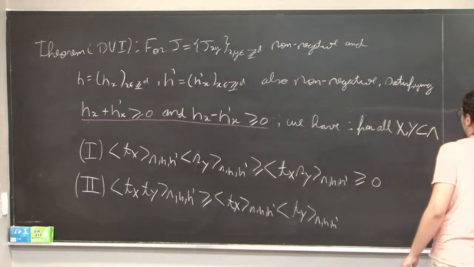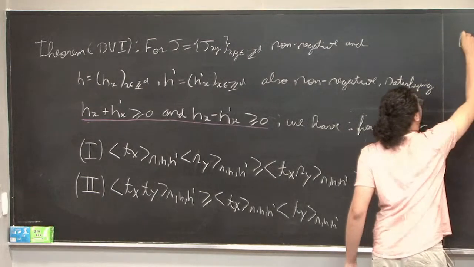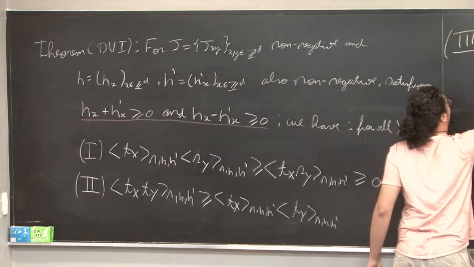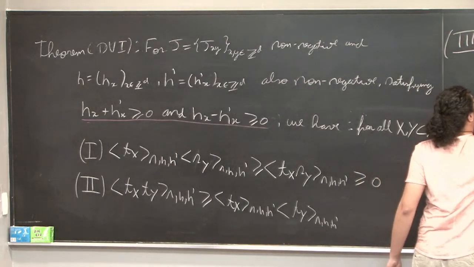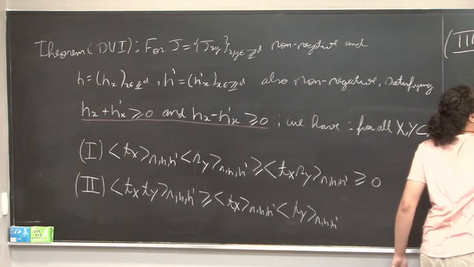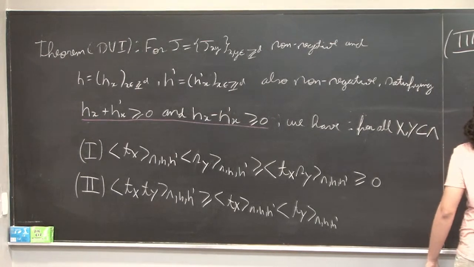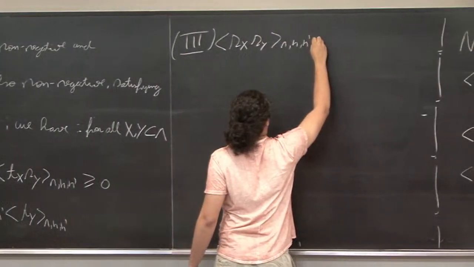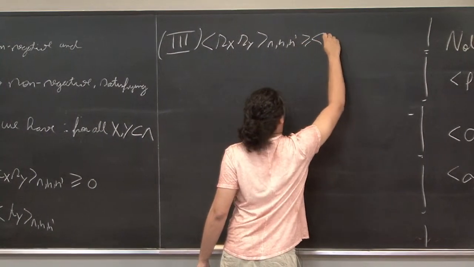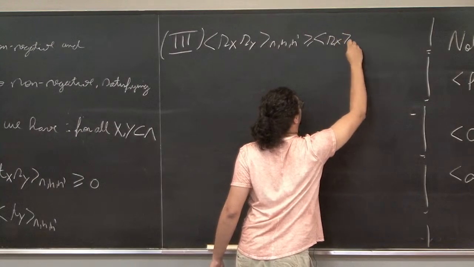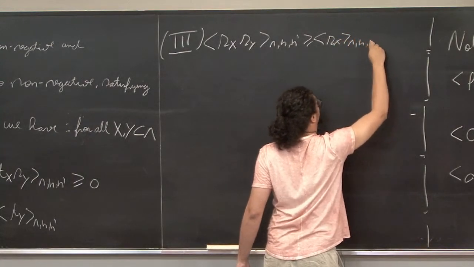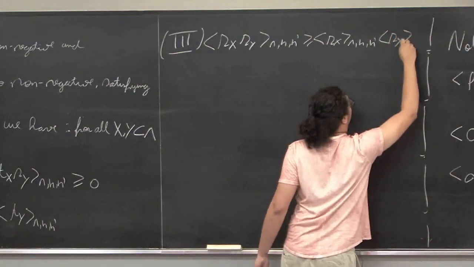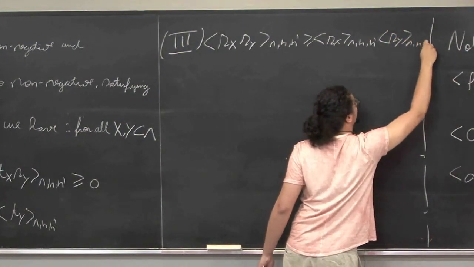Okay, and you have the third one that, as I said, you just replace T by S. So S_x S_y at lambda h prime is bigger than the product S_x at lambda h prime, S_y at lambda h prime.